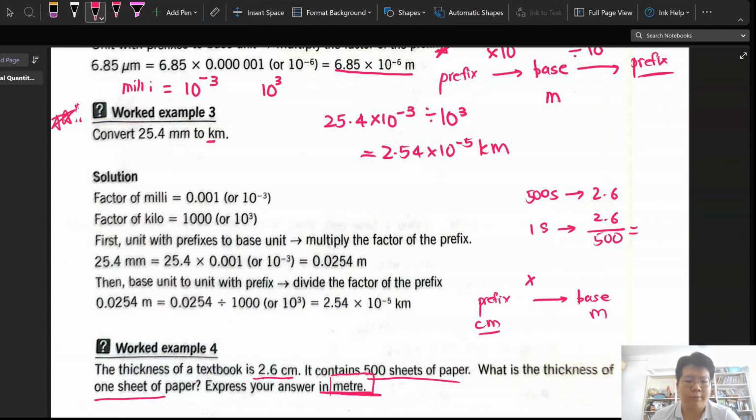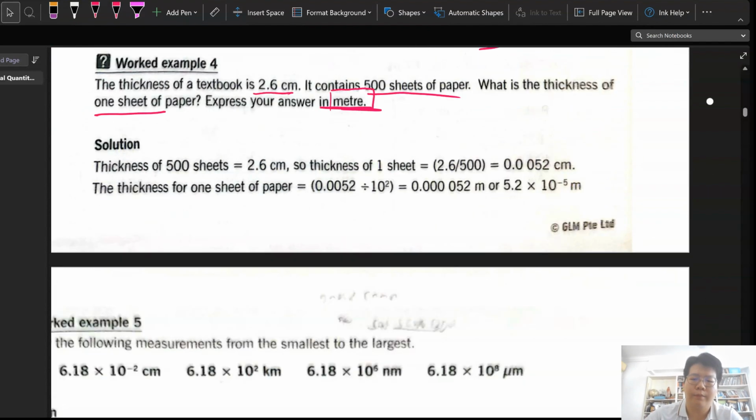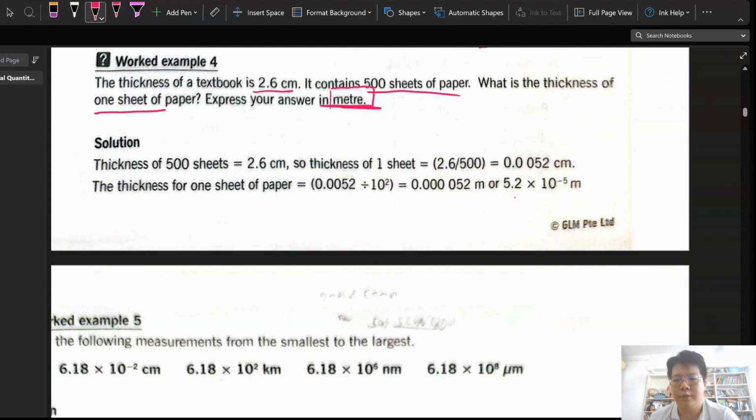In this situation, the prefix is centi, and if you have memorized the table above, emphasis on memorizing it, centi is 10 power minus 2. So to convert your prefix into a base, you multiply by 10 power negative 2. Multiplying this gives us the final value of 5.2 times 10 to the power of negative 5.